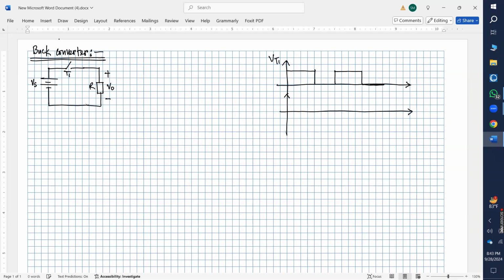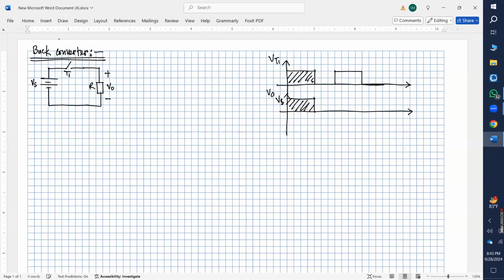What will happen if we draw the waveform of the output V0? Whenever the pulse is on, the switch is on, meaning all the input voltage appears across the output. So we get output similar to input.